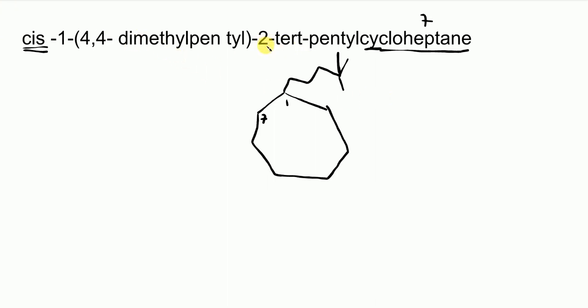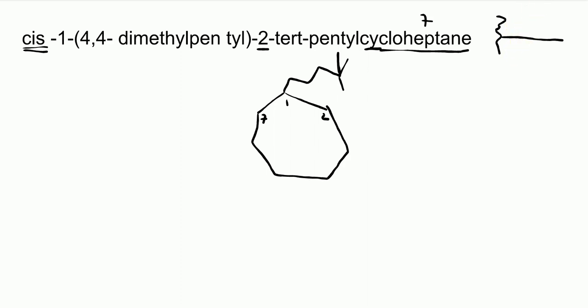And then on number 2 of the ring, I have a tert-pentyl. Like I said, tert is always at the very beginning of your chain. No matter how many carbons long, I could say tert-nonyl, whatever, all that means is the first carbon has these 2 CH3 groups on it.